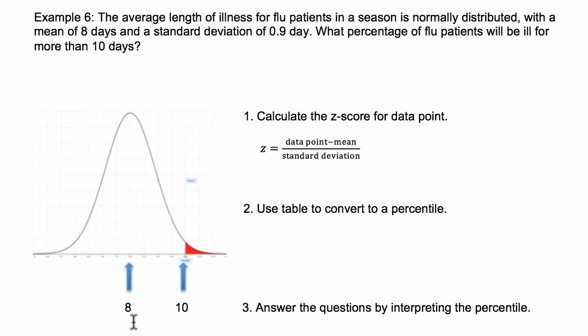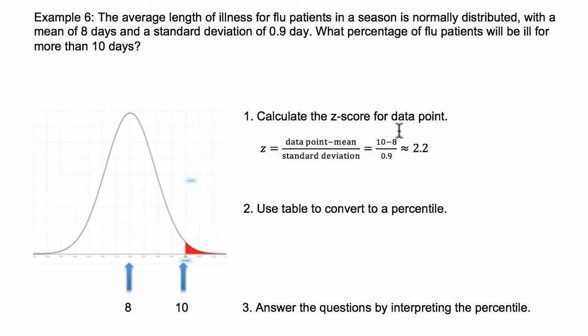The data point we are interested in is 10 because we want to know what percentage of flu patients will be sick for more than 10 days. Substituting this into our formula, we get 10 minus 8 divided by 0.9, which is approximately equal to 2.2.